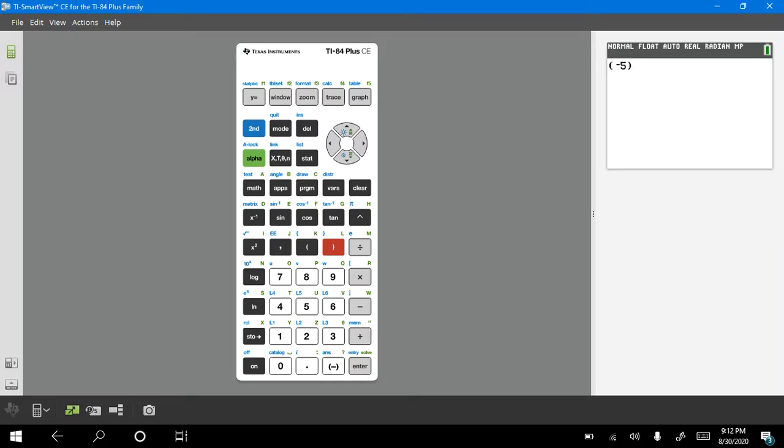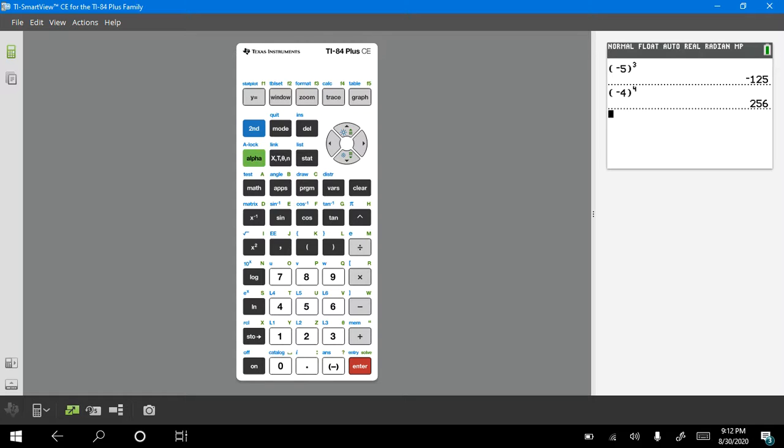One way to do it is to hit the little caret button. If I hit the little caret there, I can raise it to whatever power, to the 3rd. Hit enter. -125. -4 to the 4th. Hit the little caret button. And there we go.